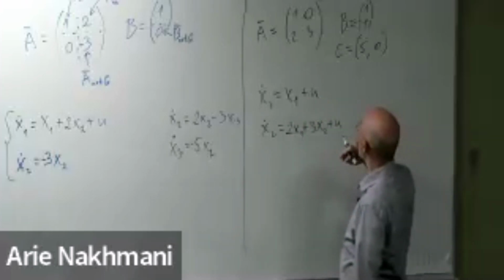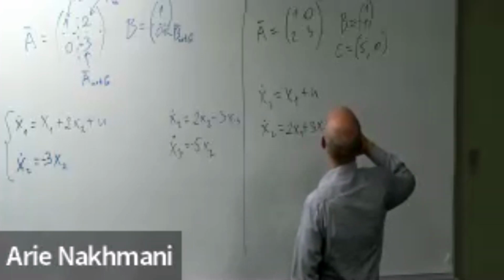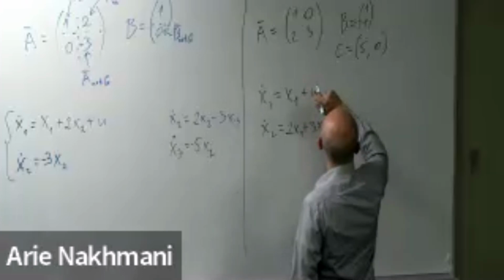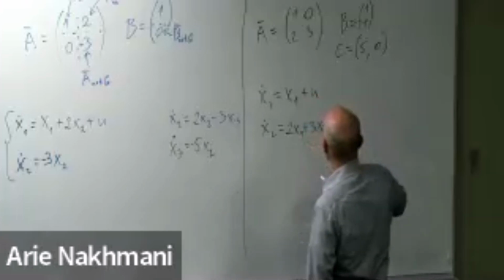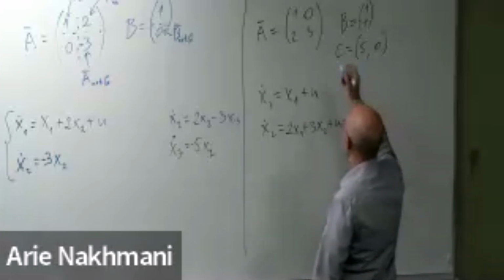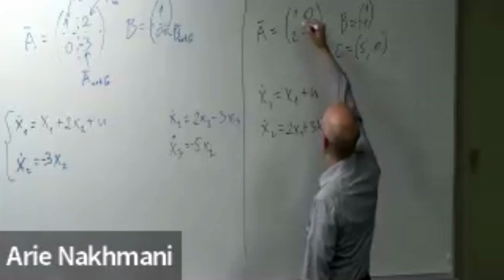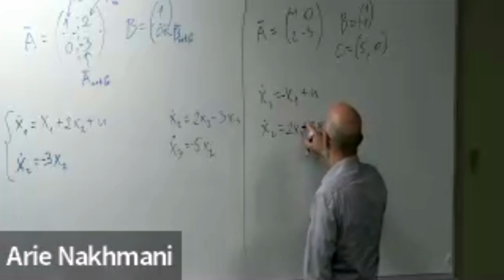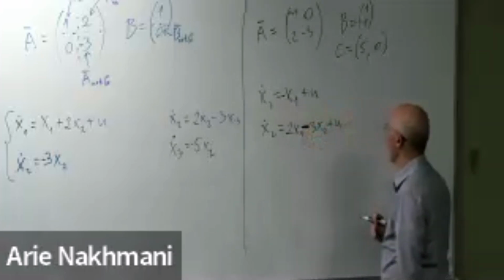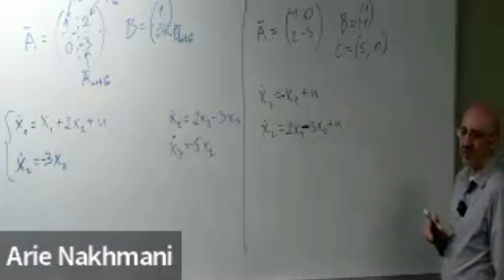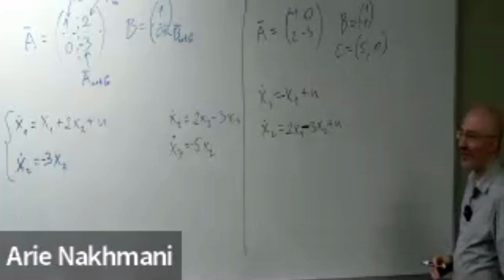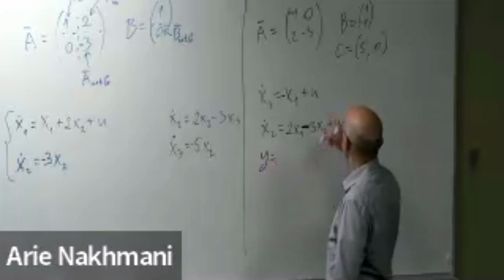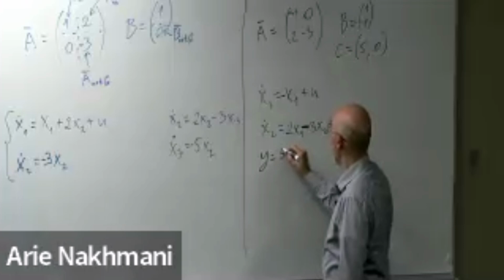You probably need to choose something which would be detectable, so we need to pick some values which will be stable. Otherwise we are in trouble. Okay. So y equals 5x1.